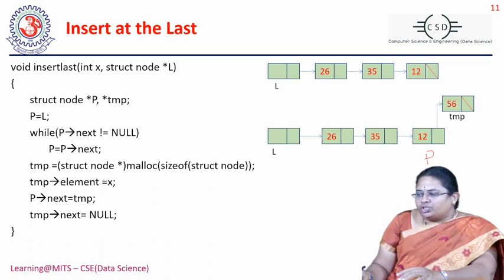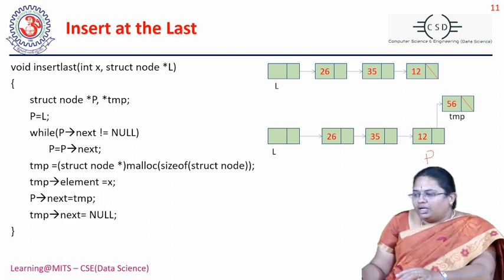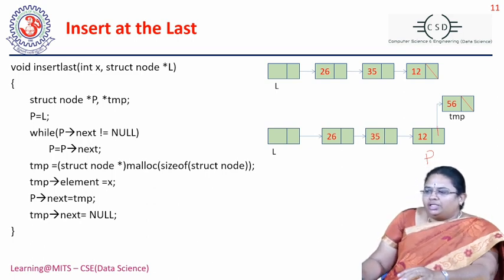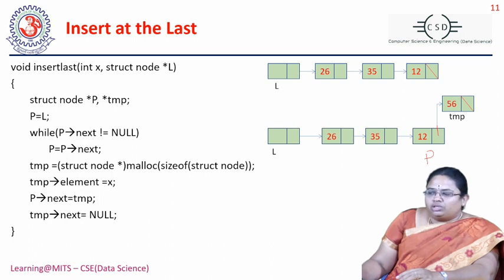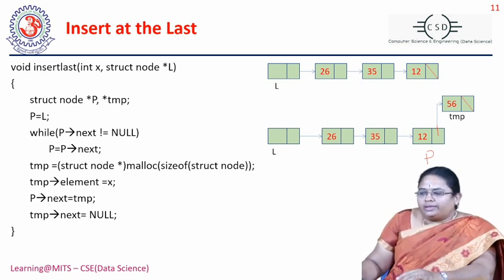So 56 is stored here, and instead of P next being null, we store P next equal to temp. So the address of the temp node will be assigned at this position, right? And then we make this temp next field null. Like this the element is inserted at the last position, right?